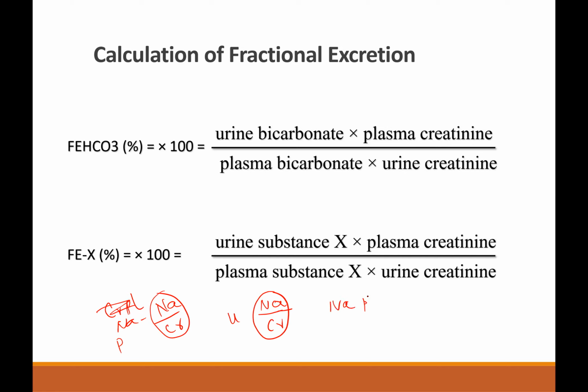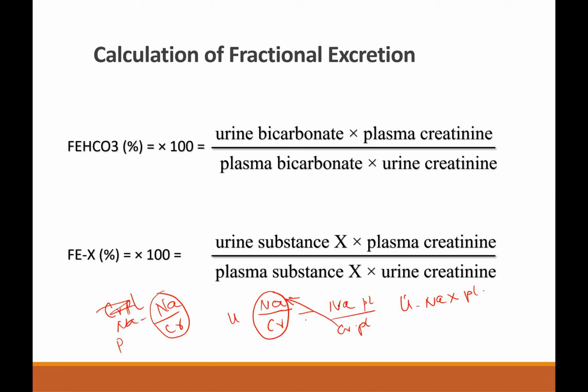Sodium in the plasma by the creatinine in the plasma. This is the denominator. The numerator will be the urine. So when you do the cross multiplication, urine sodium goes on the top, by the plasma creatinine, so serum creatinine goes up by cross multiplication.